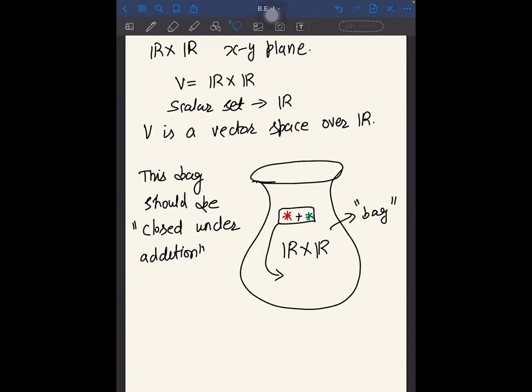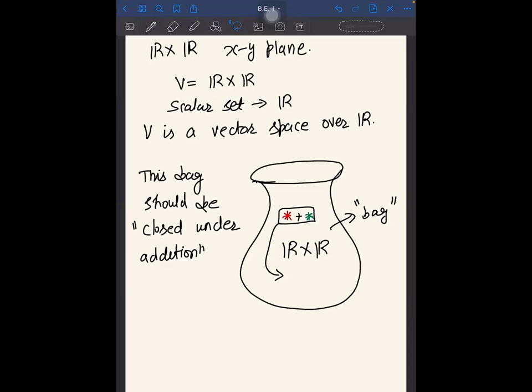But this may not happen for every operation. Take subtraction as an example: you have 7 and 10, and you subtract 7 minus 10. The result is minus 3, which is not a natural number, so it does not belong to that bag.